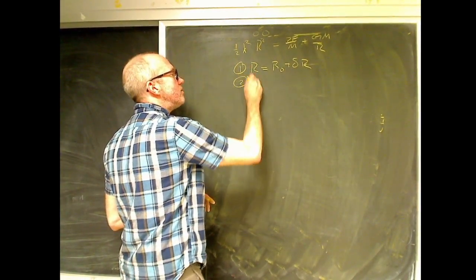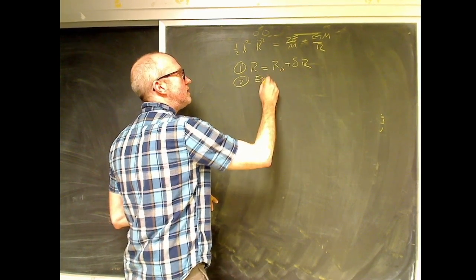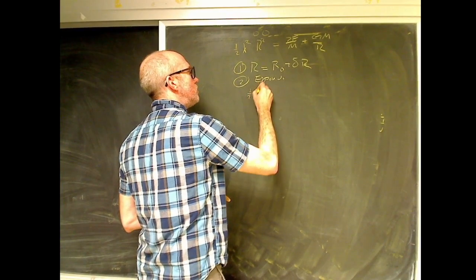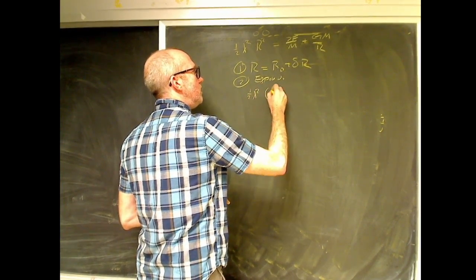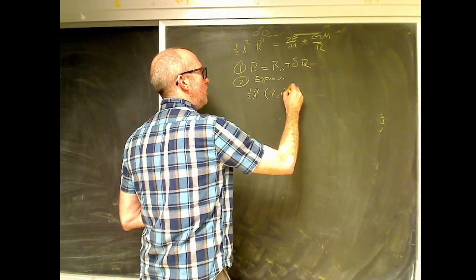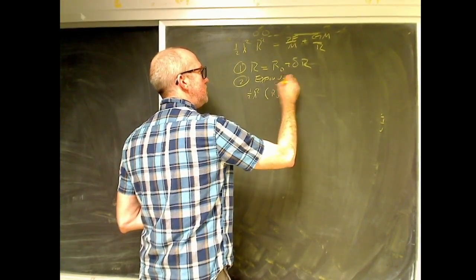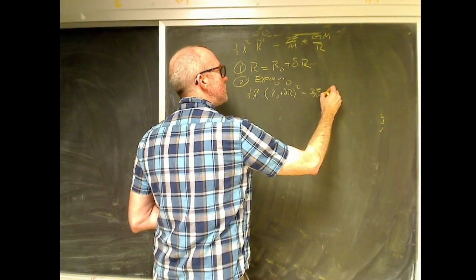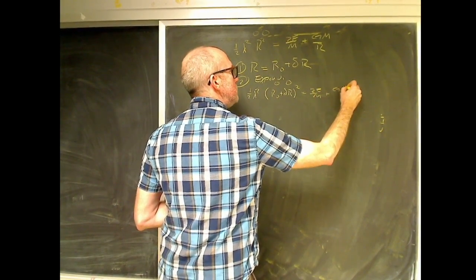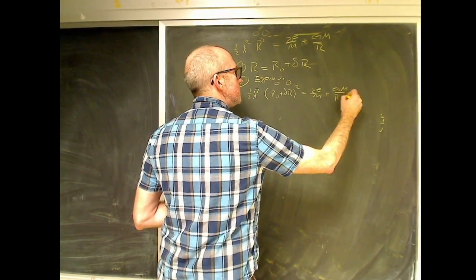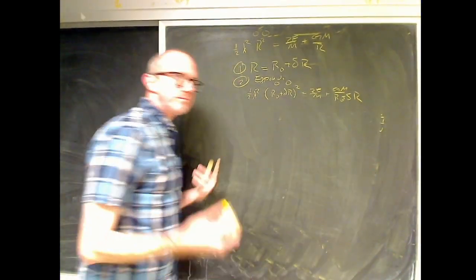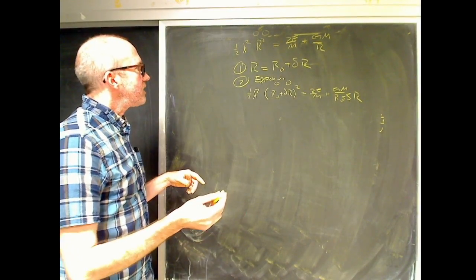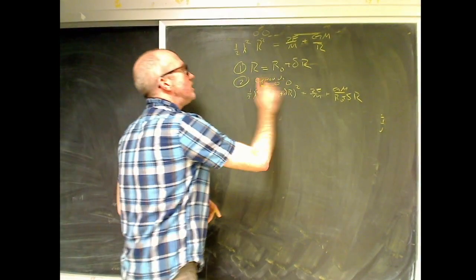And the second thing I'm going to do is expand. So then I get 1/2 lambda squared r naught plus delta r squared double dot equals 2e over m, which is a constant, plus gm over r naught plus delta r. Just plug in. Straightforward.